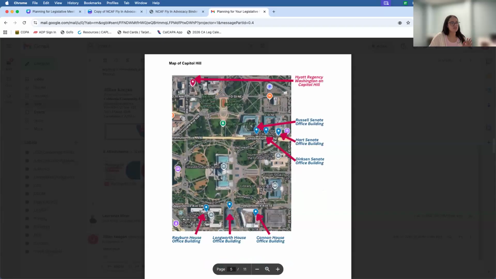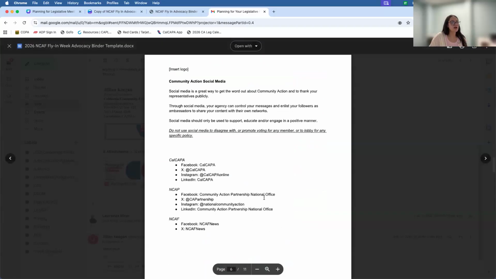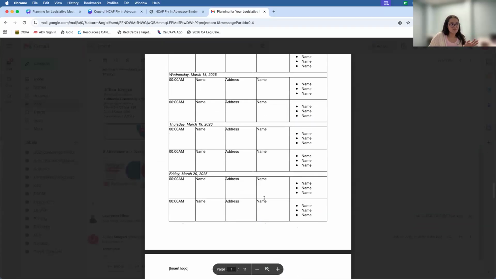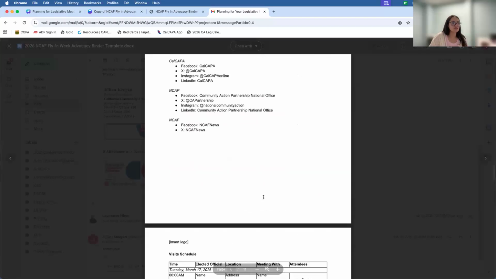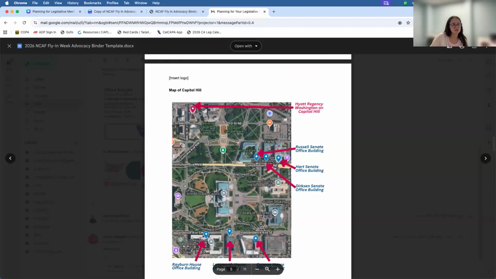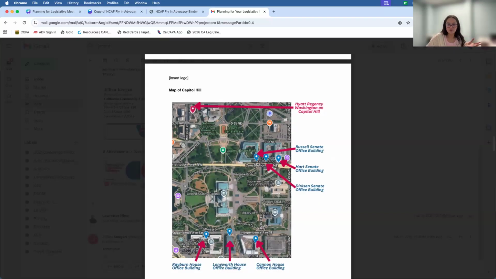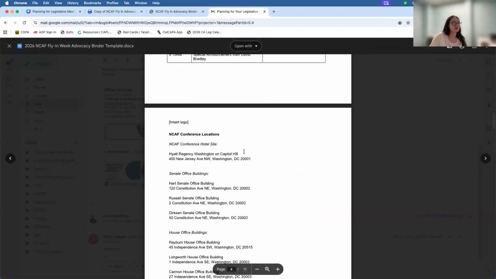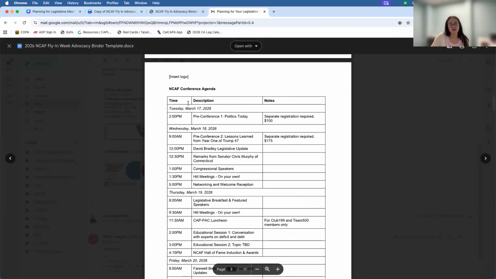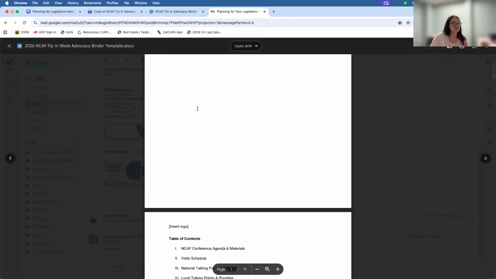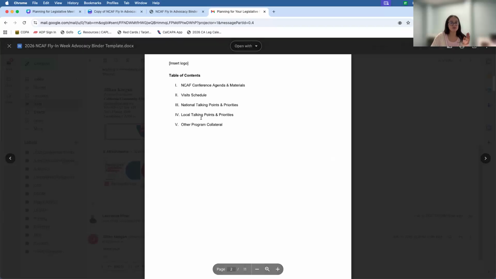All of that information is still right here. These are the three NCAF ones that I've shown you. For example, the map of Capitol Hill is specific to NCAF. Cal Kappas would have the Cal Kappas map for Advocacy Day there, and the same with the agenda. Cal Kappas has the Cal Kappa Advocacy Day agenda. So they're really customizable to those two different things, but just keeping you organized.